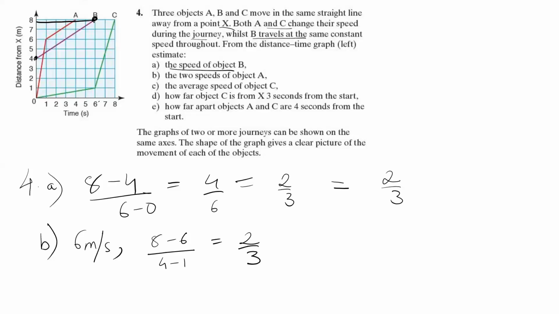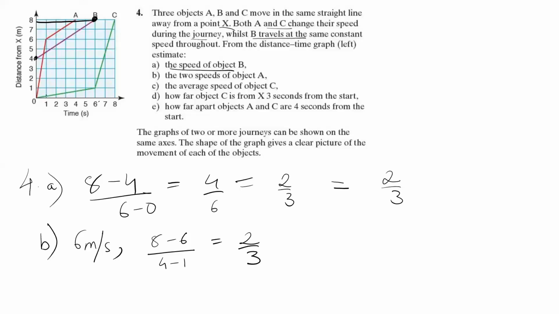Okay. So you can't always do distance over time if the line doesn't pass through the origin. That's what I was explaining in the previous slide. This line doesn't go through the origin, doesn't go through 0, 0.